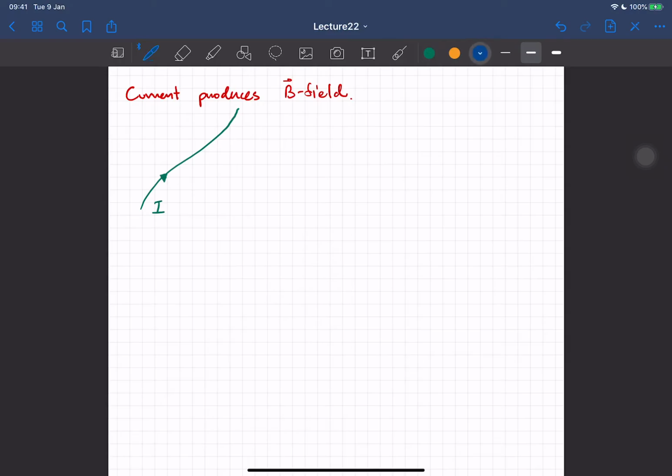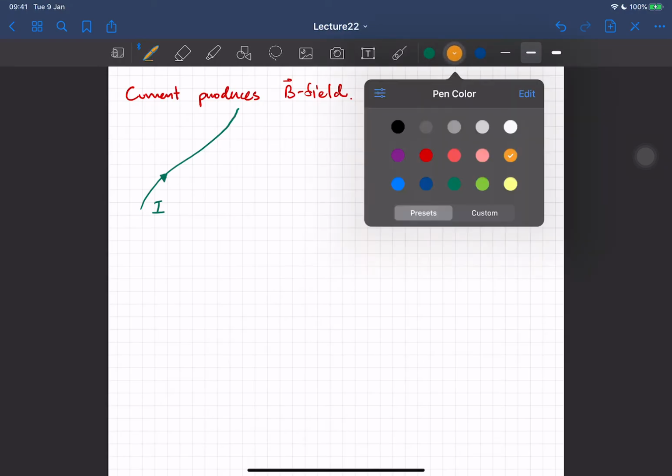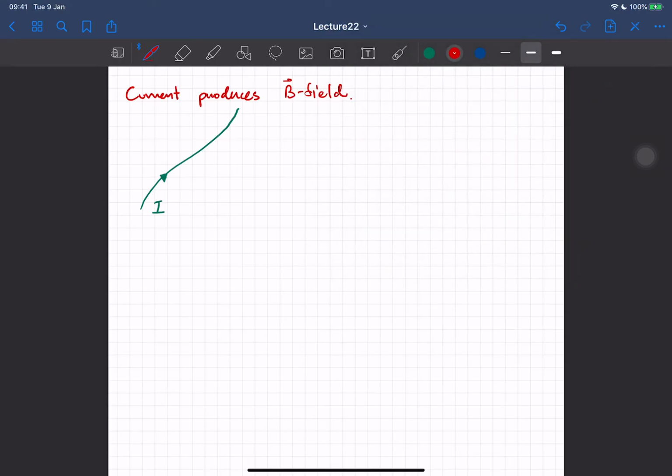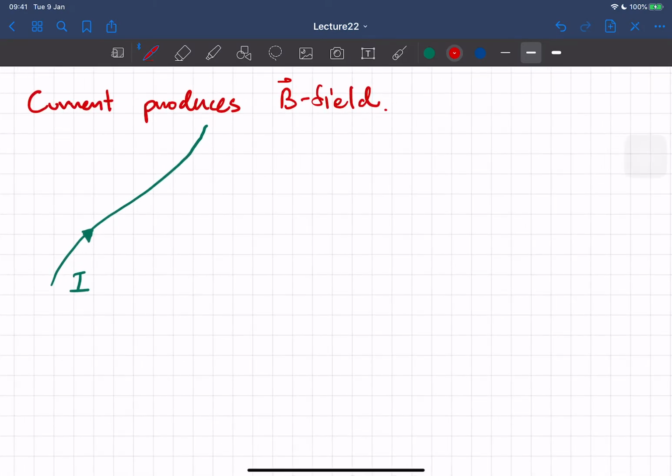Okay, anyway, what do we have here? Well, the thing is that you need to divide the wire into small sections. So let's cut it this way. And just look at this small section. And we're going to call this dL, small section dL, with a vector sign. So it's also a vector pointing along the wire like this.